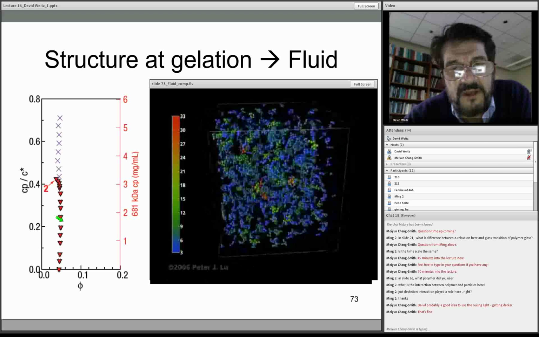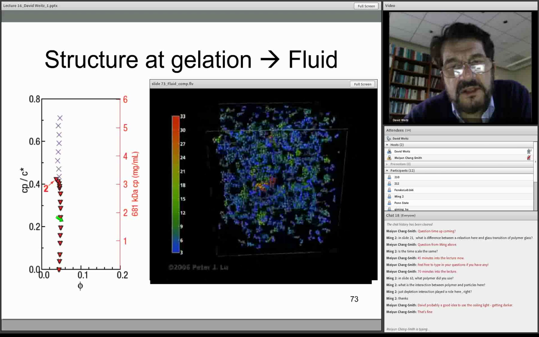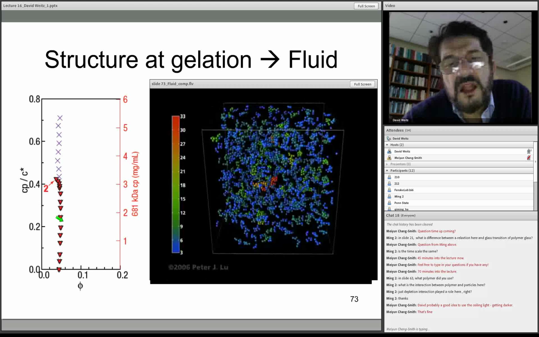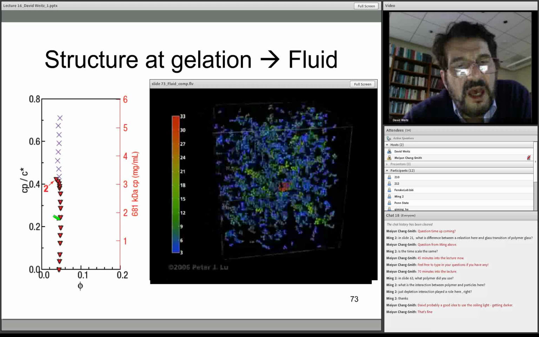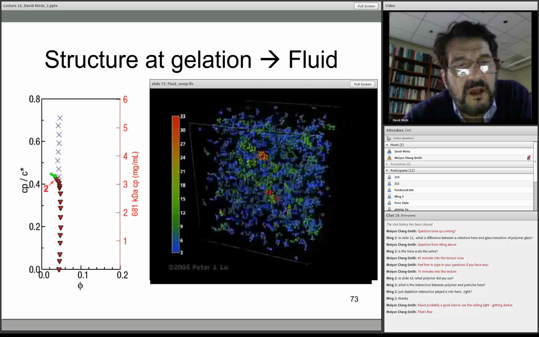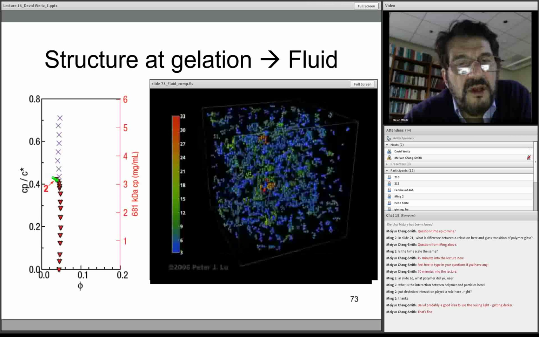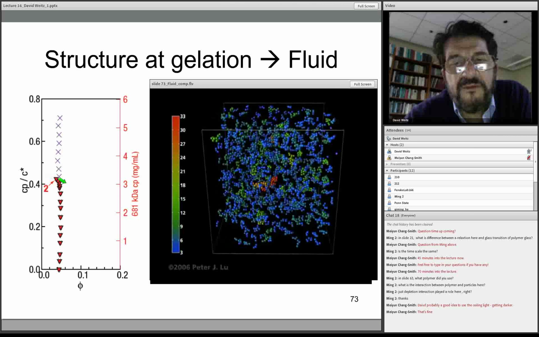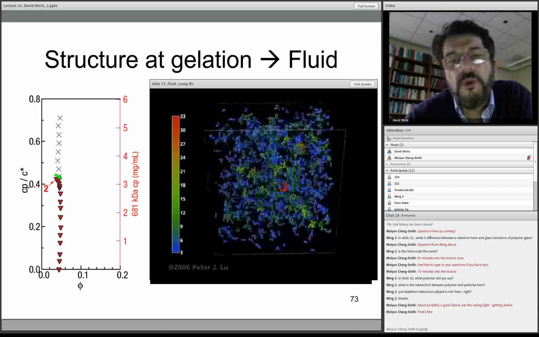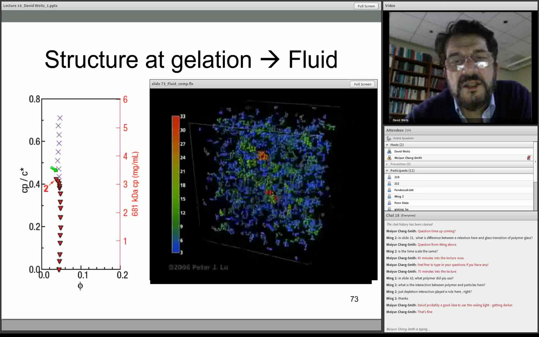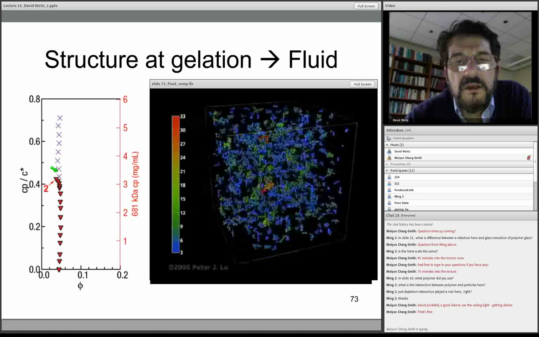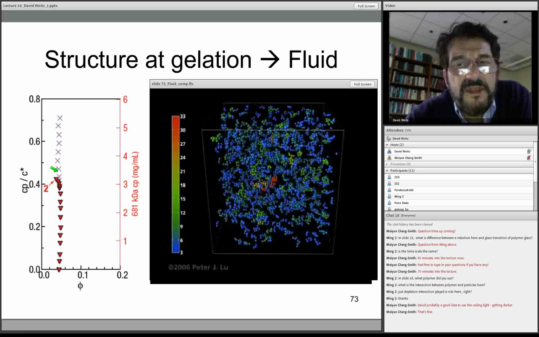Okay, there we go. Now it's playing. You can see that this is a solid network. This movie is taken for a concentration of polymer right here, right at the middle, where the gel has just formed. And this gel is permanent. If you watch it over time, it continues. Okay, thank you, Mayun.